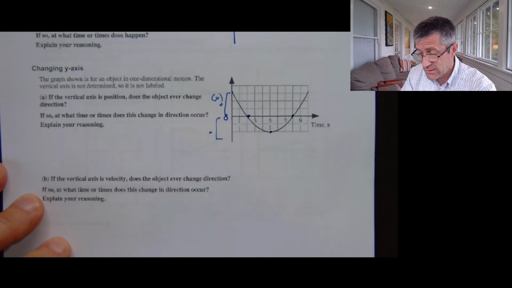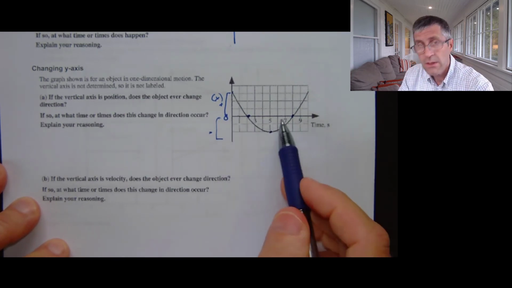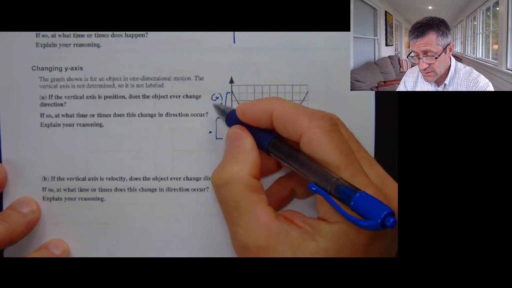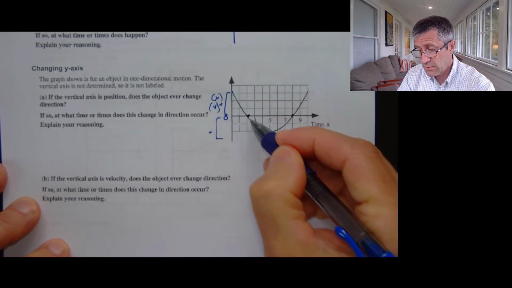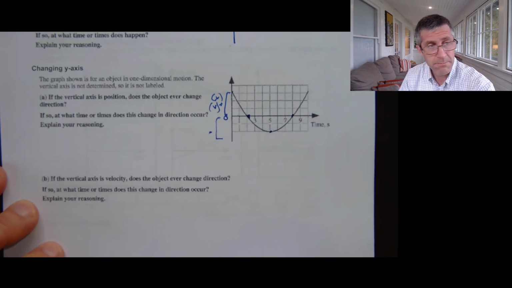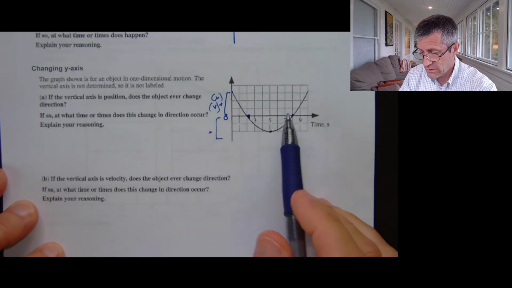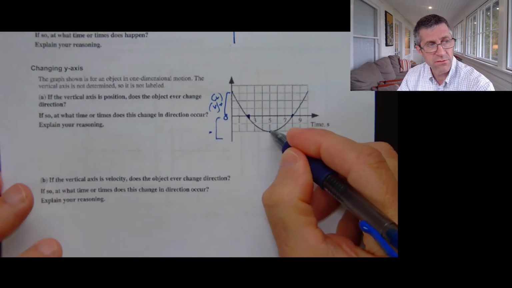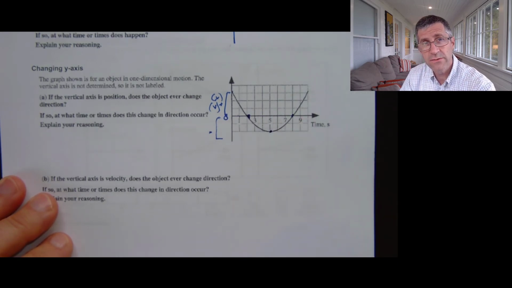But my velocity is going to be 0 at 2 points. And this is a velocity graph now. My velocity is going to be positive, become 0, so it must be changing directions, and then go the other way. So in the position graph, I have a single change. If it's a velocity graph, I have 2 changes of direction.